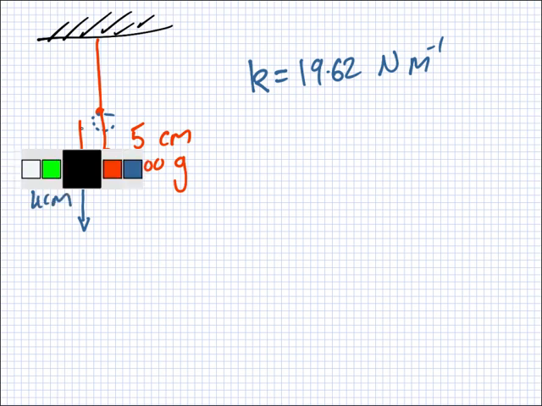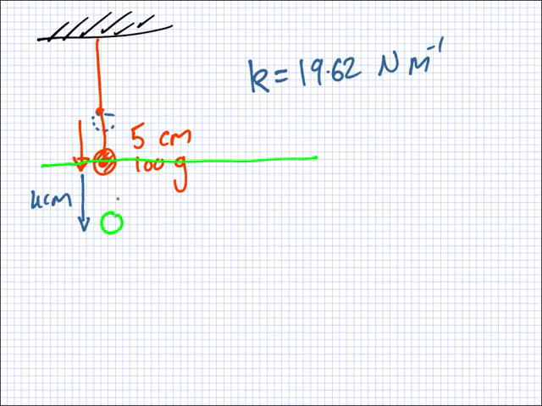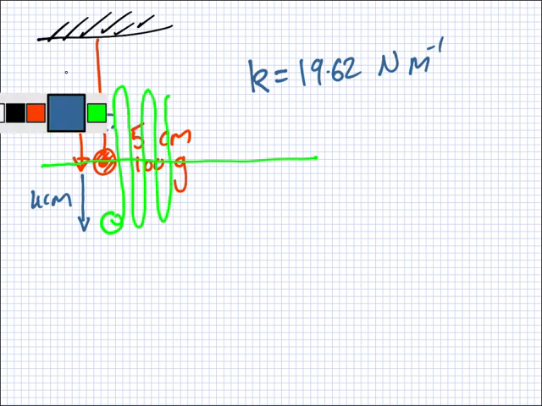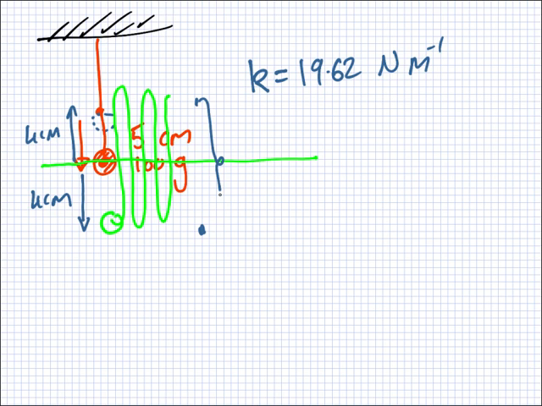Now somebody pulls it down another 4 centimetres. Because they pulled it down past this level, to here, it will then go up and down like this. So it'll go 4 centimetres under and 4 centimetres over this line. My question is, what is the time it takes to go from here to here? Is that T?